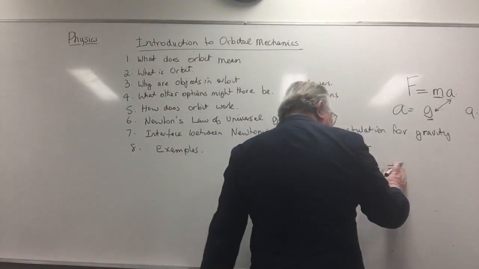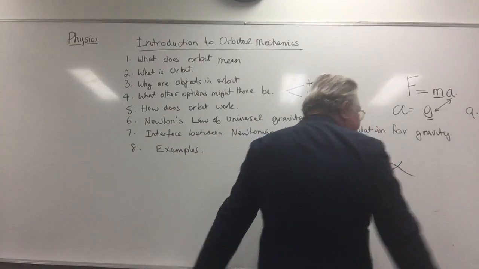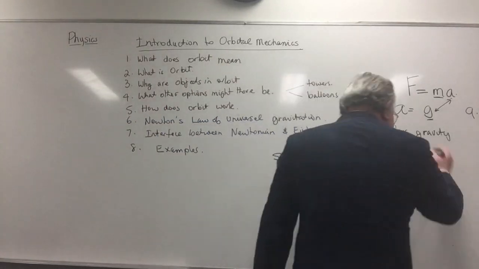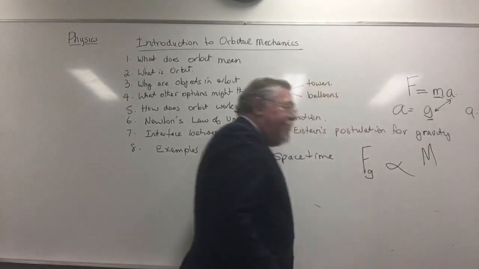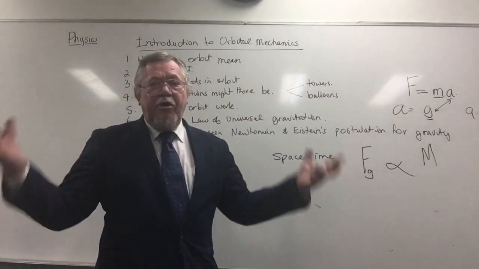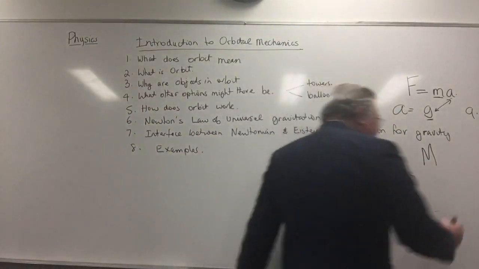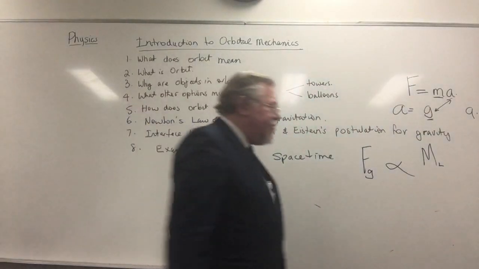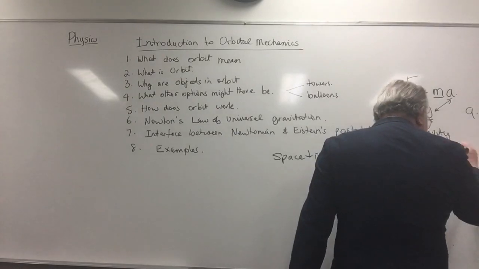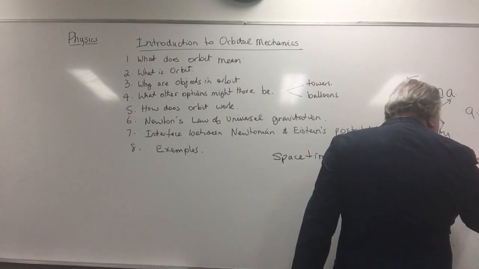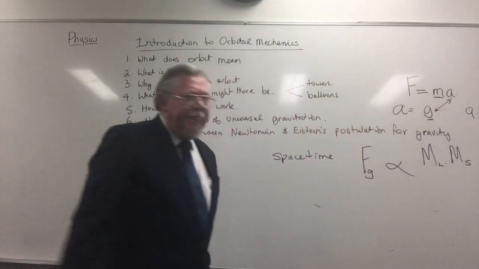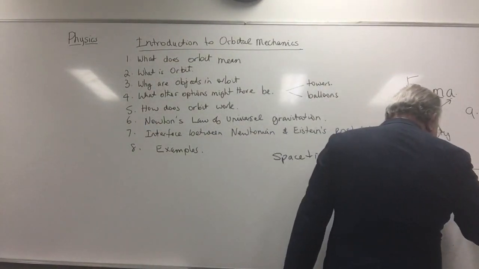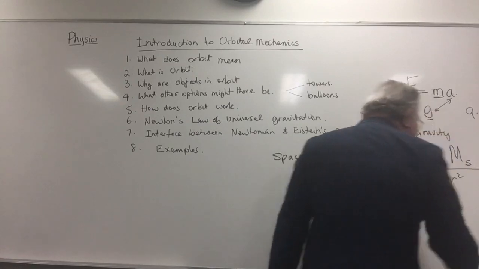As you know, it's proportional, so we'll say it's proportional to the mass of one object, let's call it the large one, times the mass of the small one over the square of the distance between them.